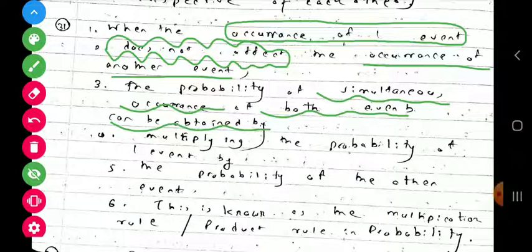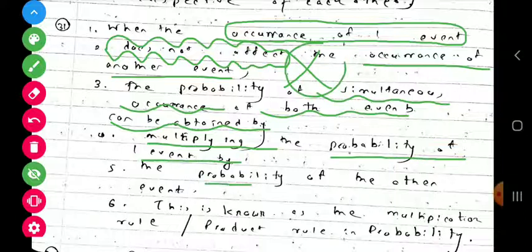How? By multiplying the probability of one event by the probability of the other event. This is known as the product rule or the multiplication rule in probability.